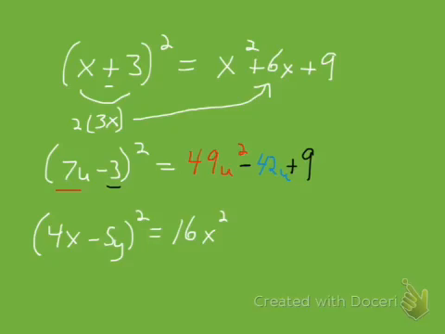Alright, 5y squared would be 25y squared. And then what would your middle term be? 4x times 5y times 2. So 20 times 2, which would be 40xy. And my signs, a minus here for the middle and a plus there.